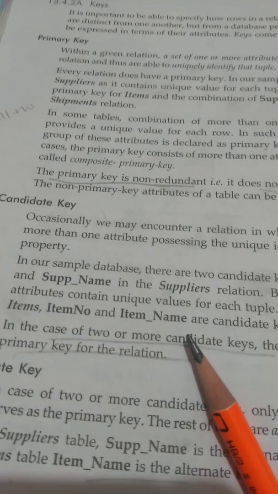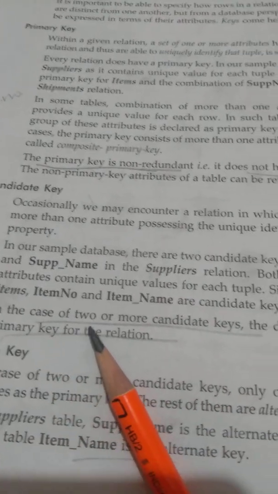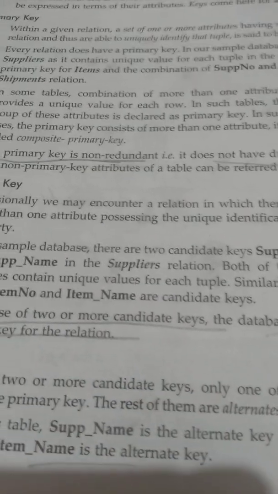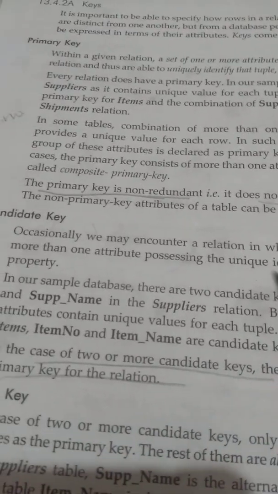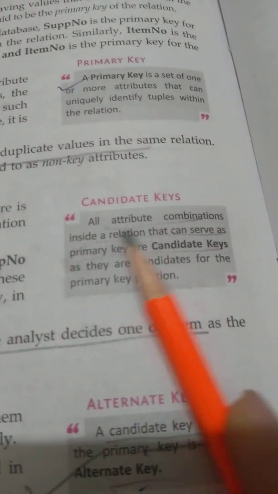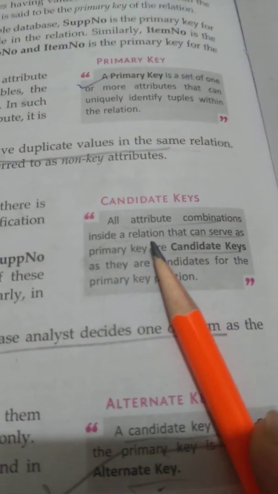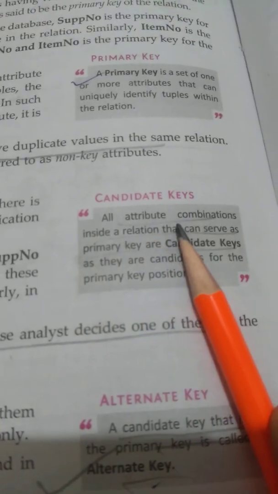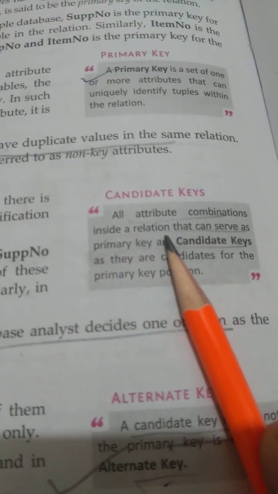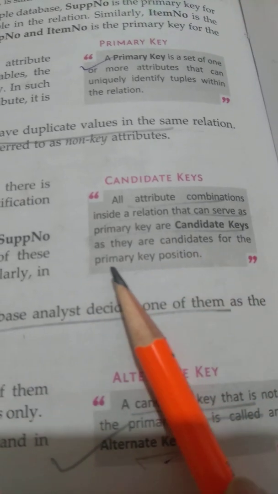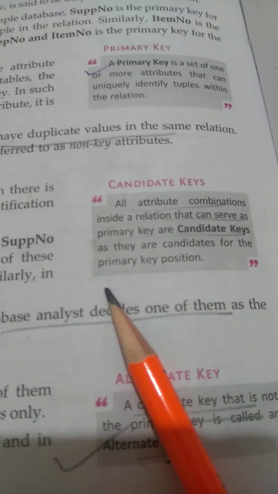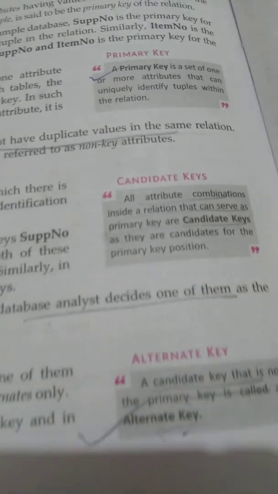Second one is candidate key. How will you make a candidate key? In the case of two or more candidates, I can explain briefly: all attribute combinations inside a relation that can serve as a primary key are candidate keys, as they are candidates for the primary key position.